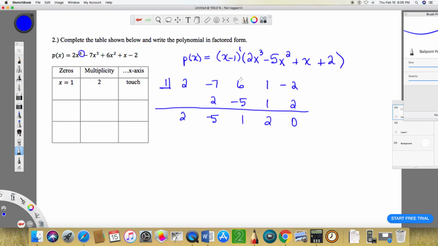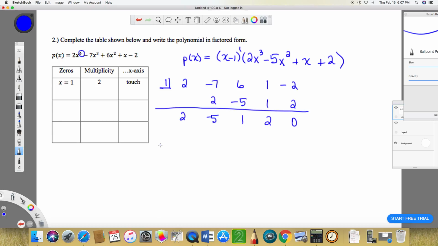But now I notice that x minus 1 right now is being raised to the first power. In my table over here, it said it had a multiplicity of 2. So what that tells me is that this 2x cubed minus 5x squared plus x plus 2, this guy is also divisible by x minus 1.